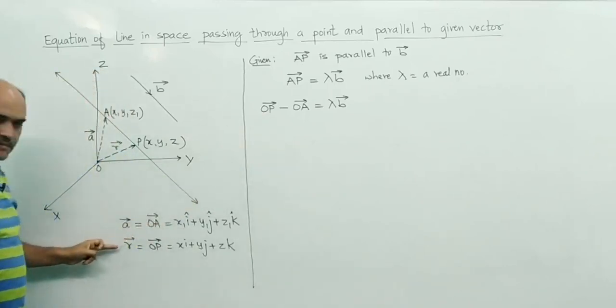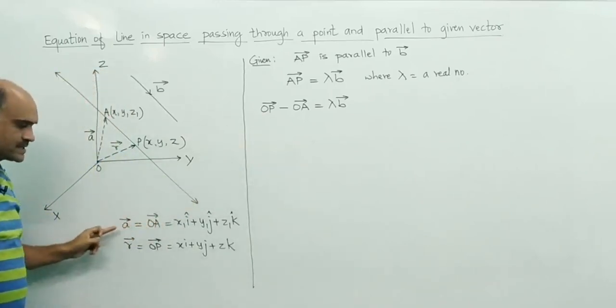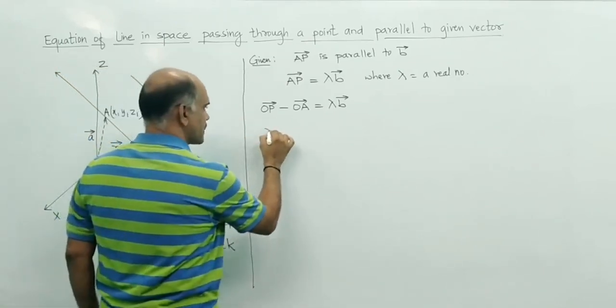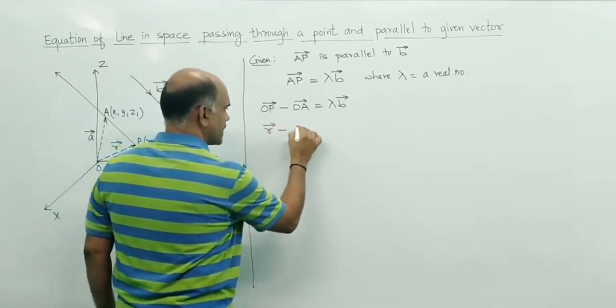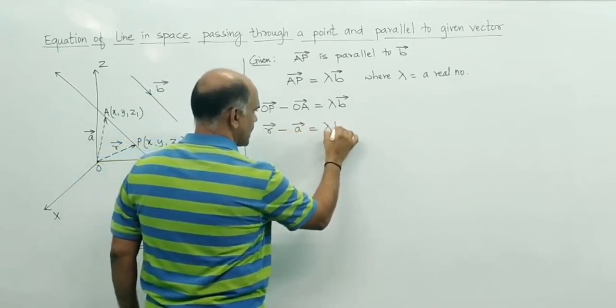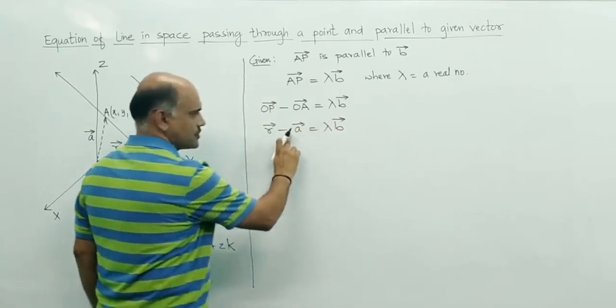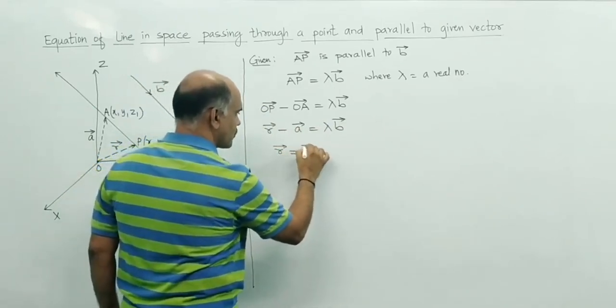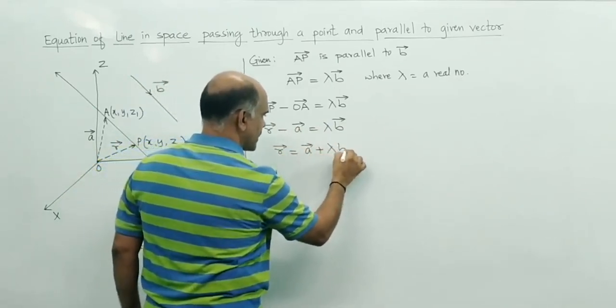OP is nothing but r, OA is nothing but a, so I will substitute these values. So I will have r minus a is equal to lambda b. If I take a to the RHS, I will have r is equal to a plus lambda b.